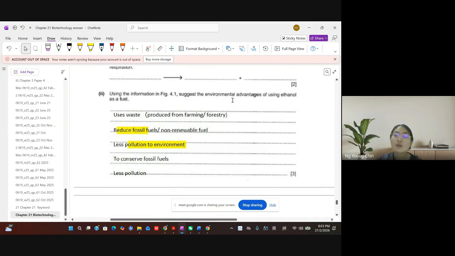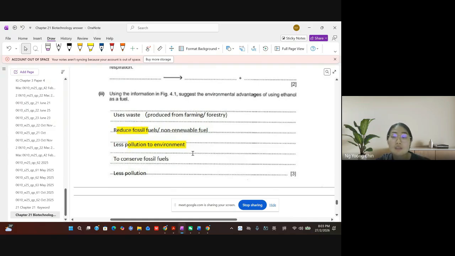Ethanol is a biofuel, right? Especially ethanol is being used to make petrol. Petrol is what they pump into the car, so that's why the car is able to operate.